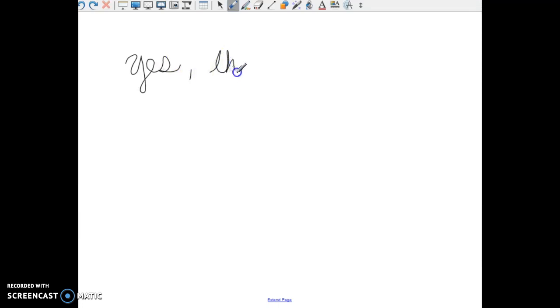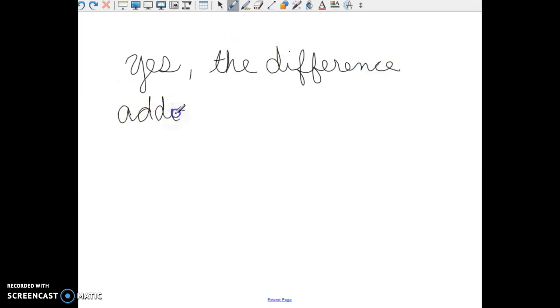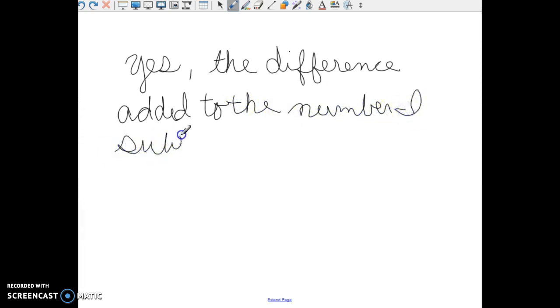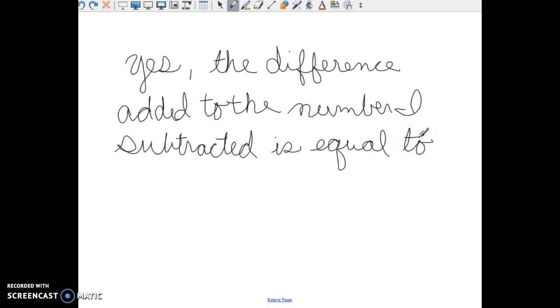The difference added to the number I subtracted is equal to the number I subtracted from.